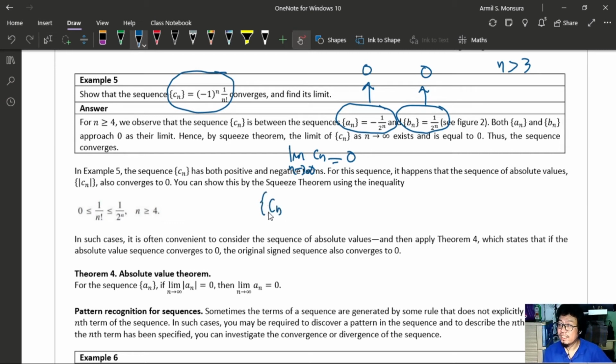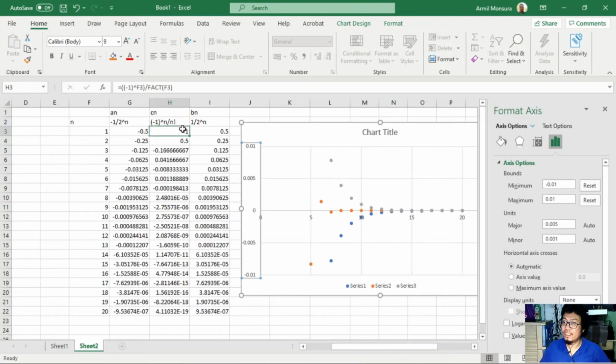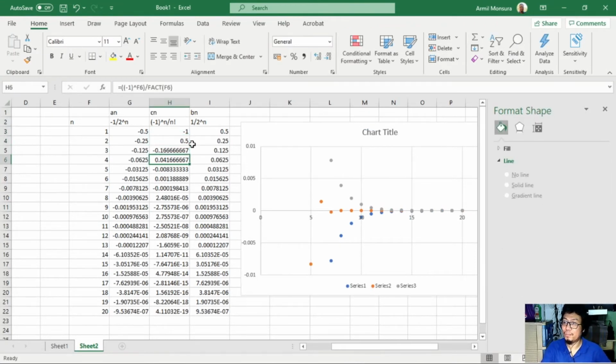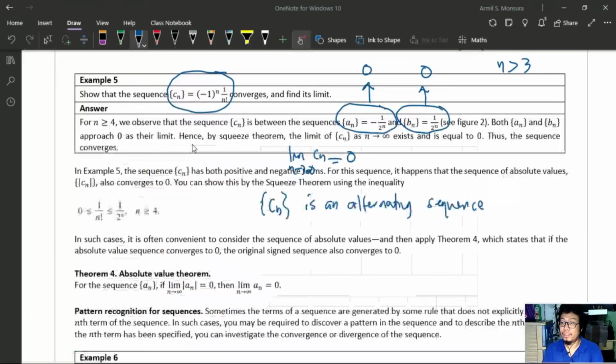Cn in example 5 is an alternating sequence because the values alternate between negative and positive numbers. You can see it here: negative, positive, negative, positive, negative, positive, negative, positive. If you take the absolute value of that, then all of the terms of Cn would be positive.